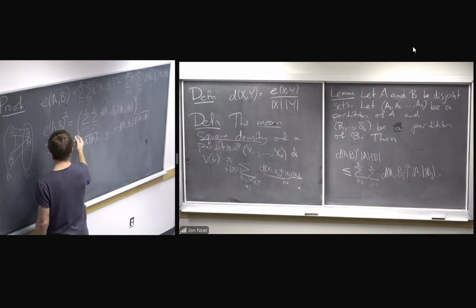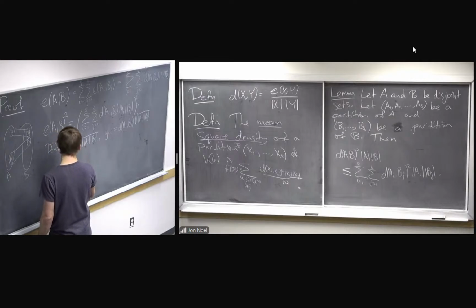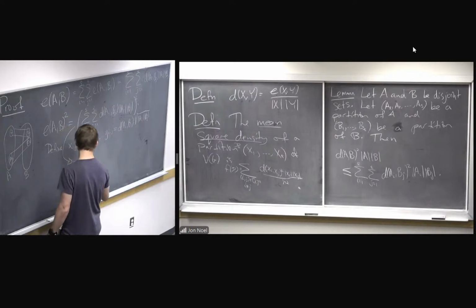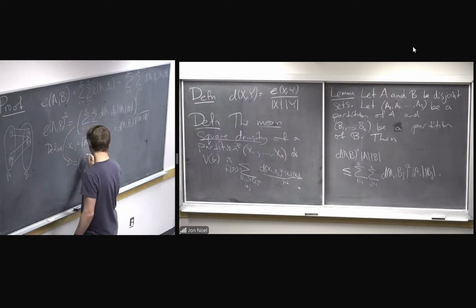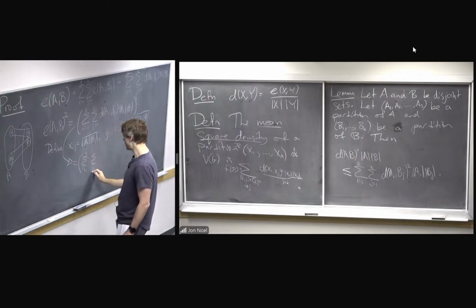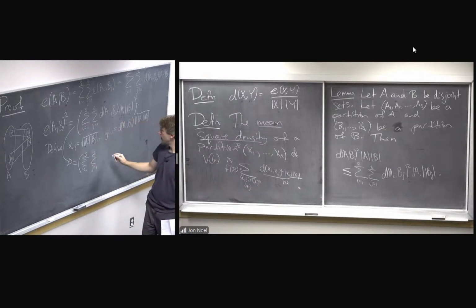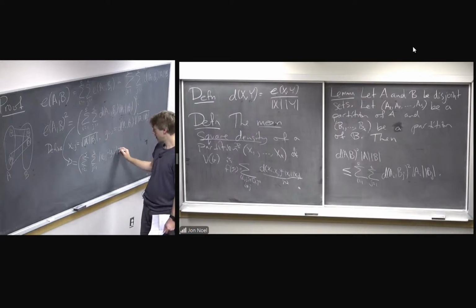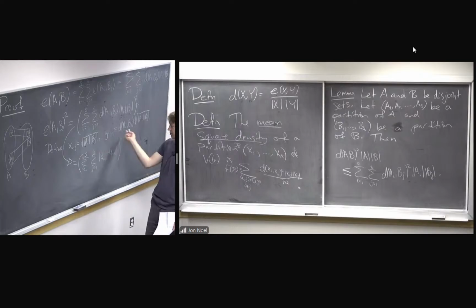So we can rewrite the sum as the sum i equals 1 to s, j equals 1 to t of the absolute value of xij times yij. We don't really need the absolute value because these things are both positive, but just to make it clear how we're applying Holder's inequality, I'll write the absolute values.